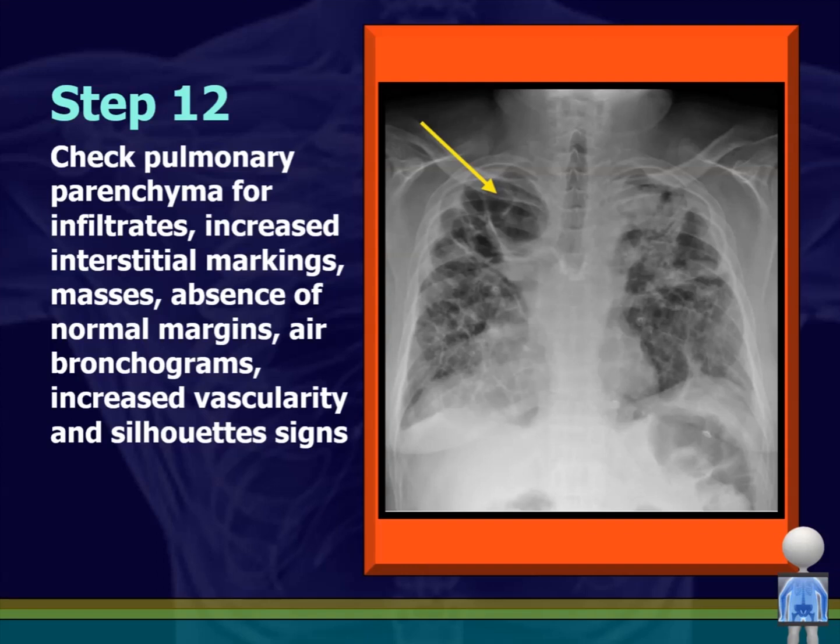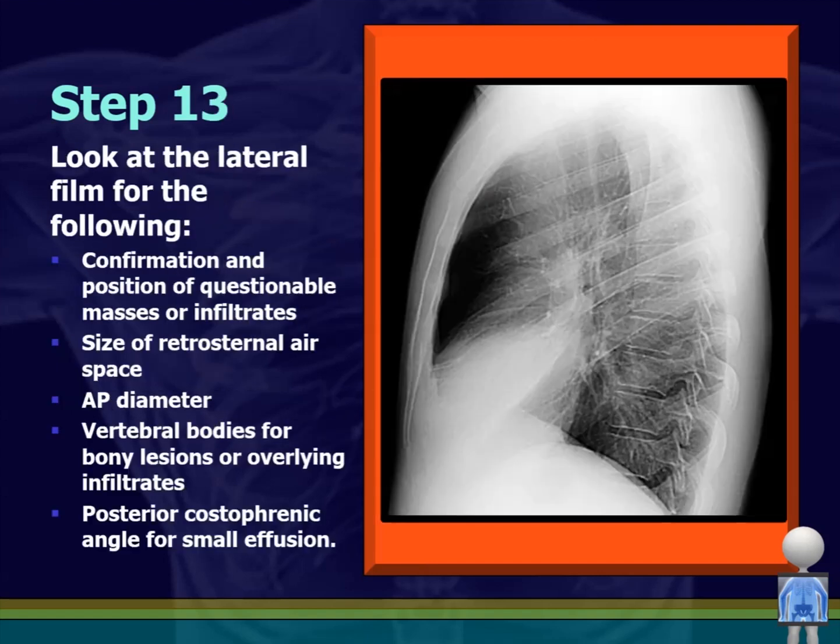Make sure that you do not make any of the mistakes I spoke about, whether it's reading a film that is not properly exposed or with bad inspiratory effort, or missing something like a bony problem because you were only looking at the lungs. Be careful. Last but not least, if you have a lateral film, then we can look at the lateral film.